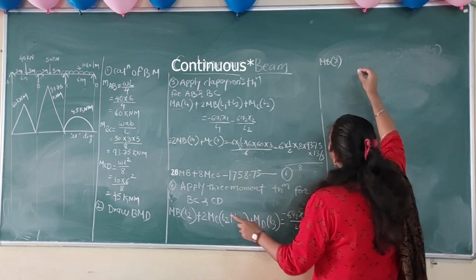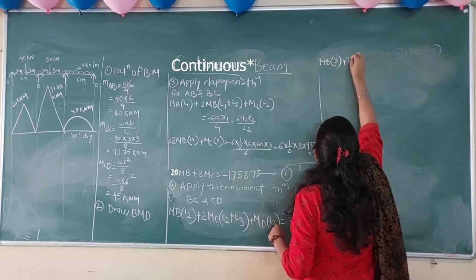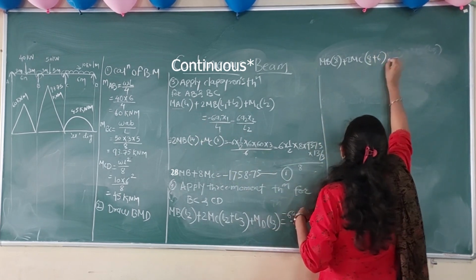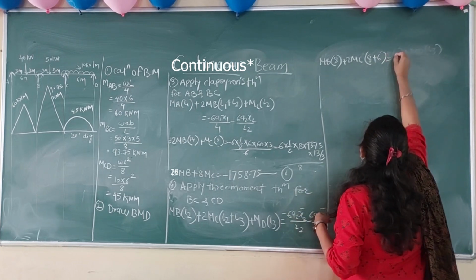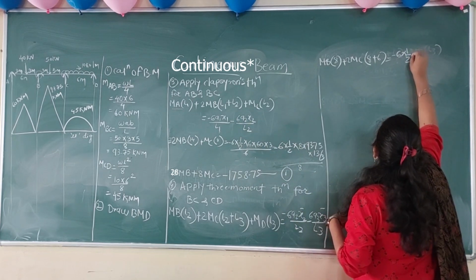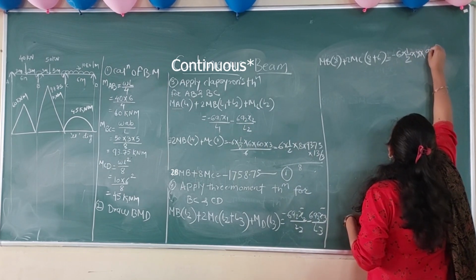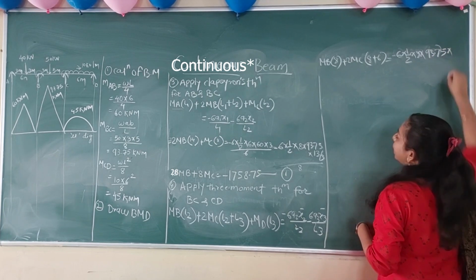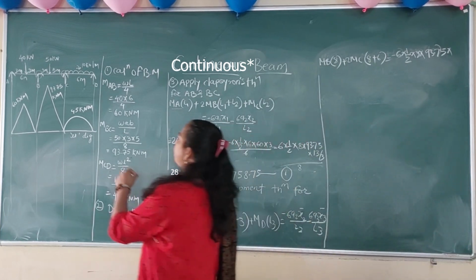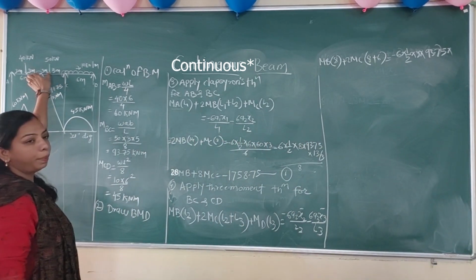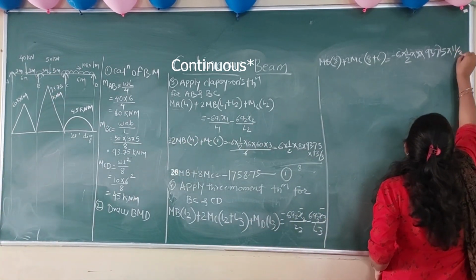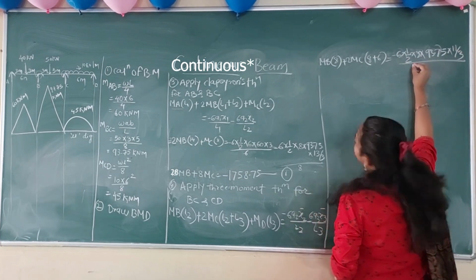So MB into L2, which is 8 meter, plus 2MC (8 plus 6), L3 is 6, plus MD which is 0, is equal to minus 6. A2 is 1 by 2, base is 8 meter and height is 93.75, and the center will be (L plus a) by 3, which is 8 plus 3, 11 by 3, divided by L2, which is 8.